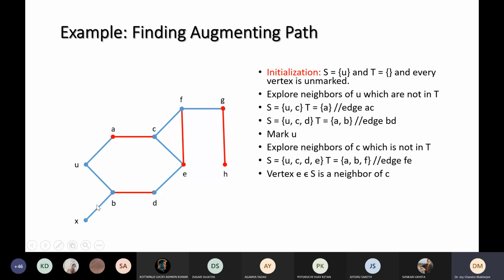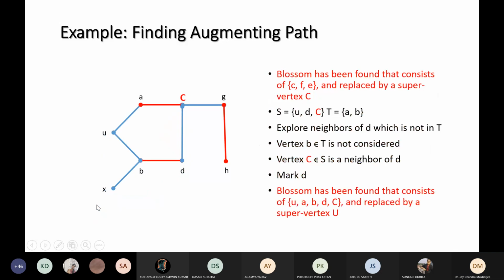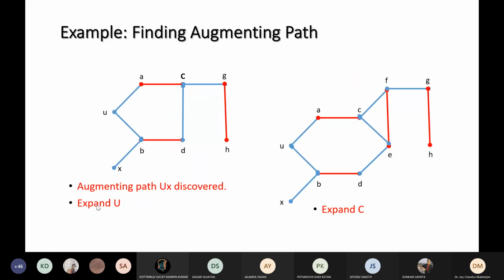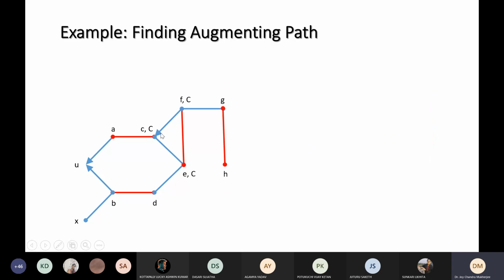What we actually do, we do this thing. C comma capital C, F comma capital C, E comma capital C. That means all of these vertices belong to the set capital C. Okay, and this arrow now, I think it is clear to you.